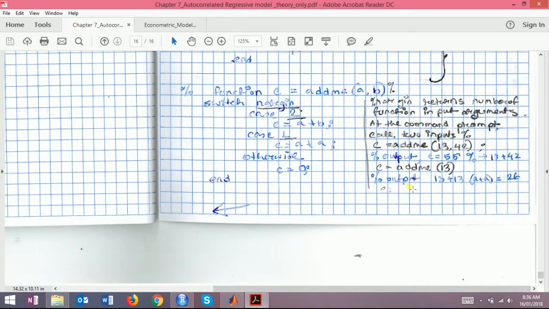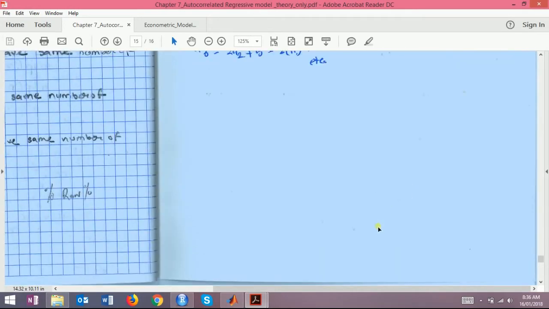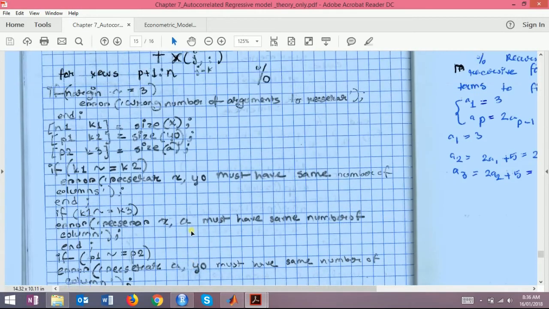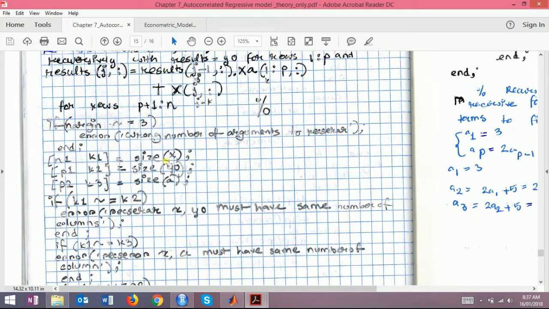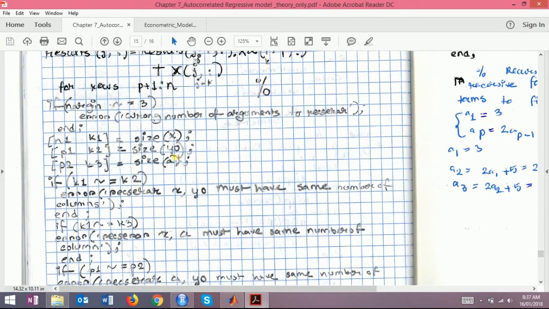So now let's go back to the Recursive function and see how it uses switch and nargin. If there are not exactly three variables, it gives the message wrong number of arguments to Recursive, and it ends here. Then n1, k1 is the size of x, as we know that x is a matrix of n by k dimension, y0 has p by k dimension, and a has p by k dimension.